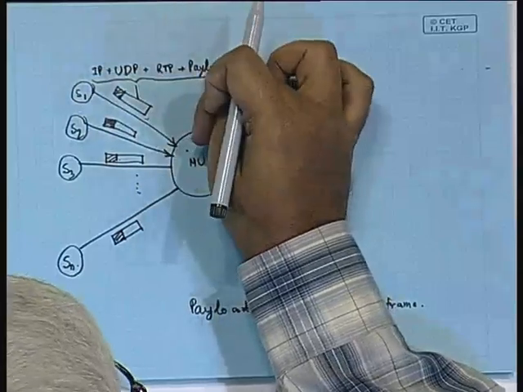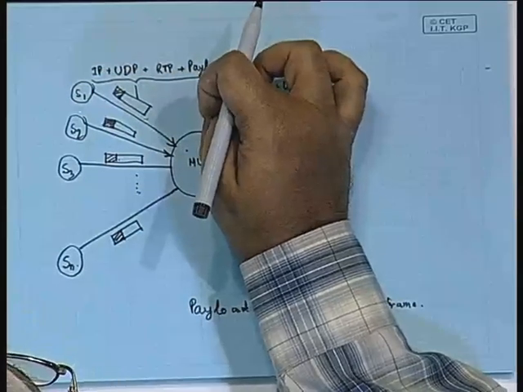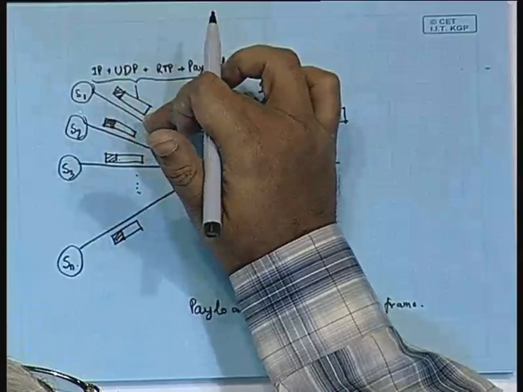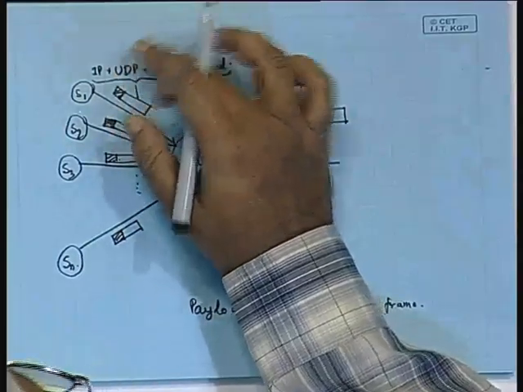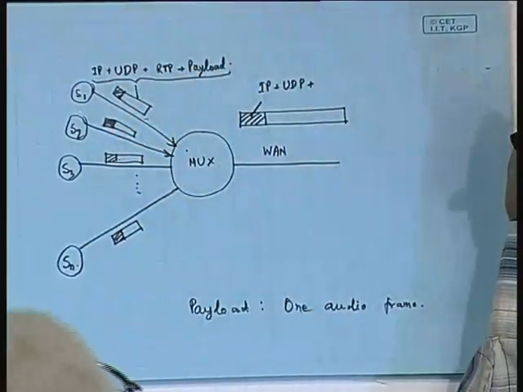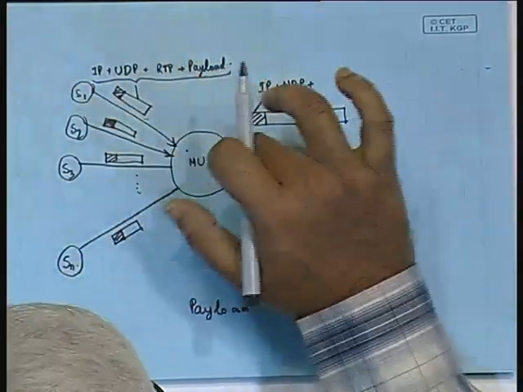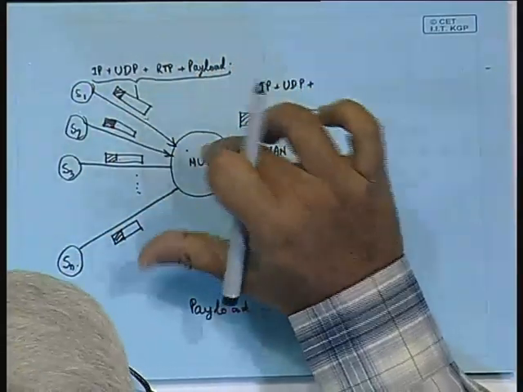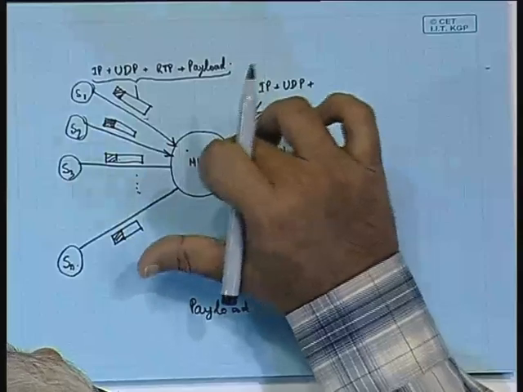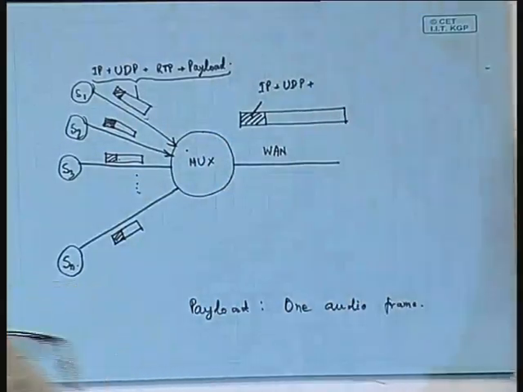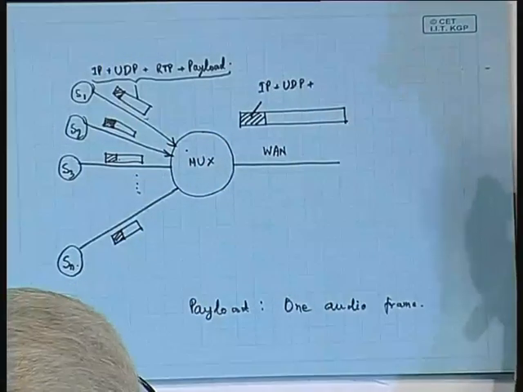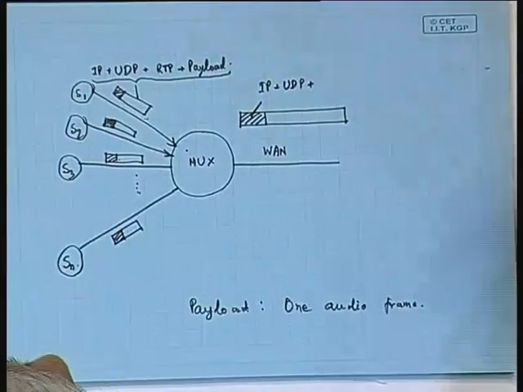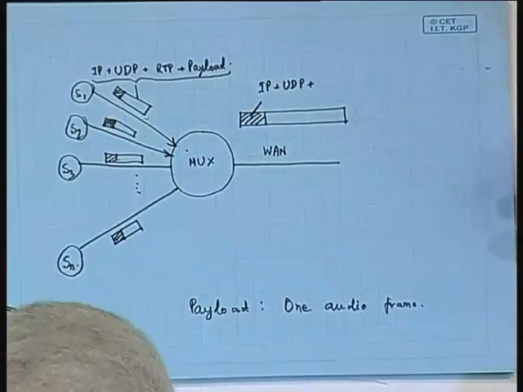Now, the source information, destination information and the stream ID information, whatever information goes into the IP header, everything has been taken care by this multiplexer. So, the multiplexer has rather identified that stream, and now the multiplexer is putting into the combined bit stream.